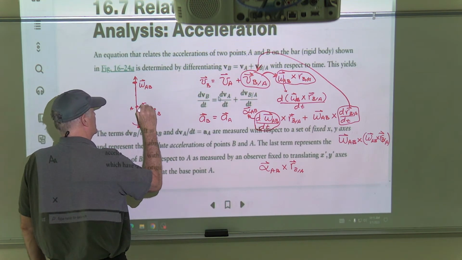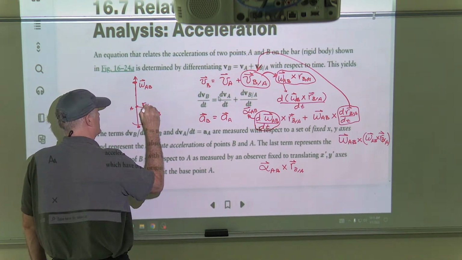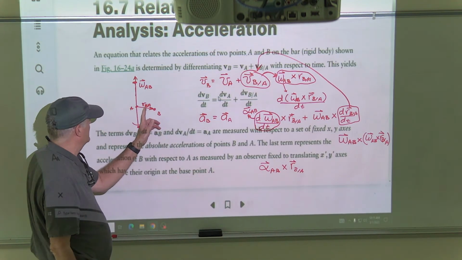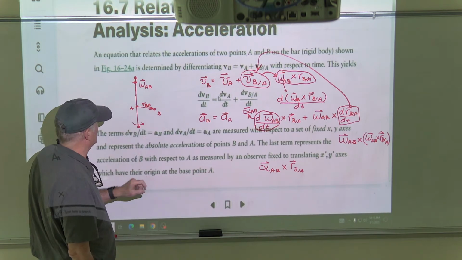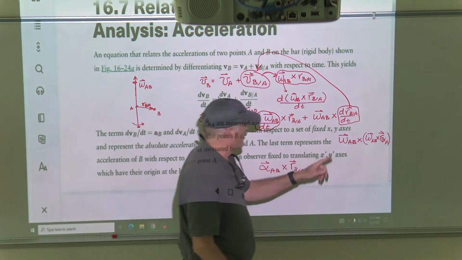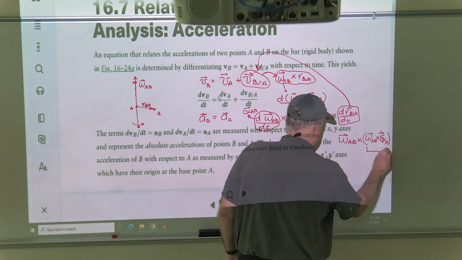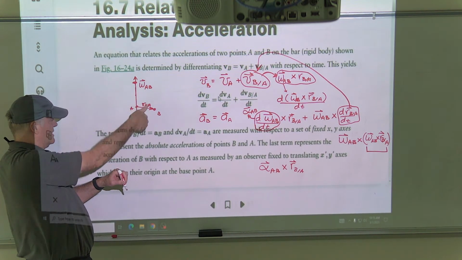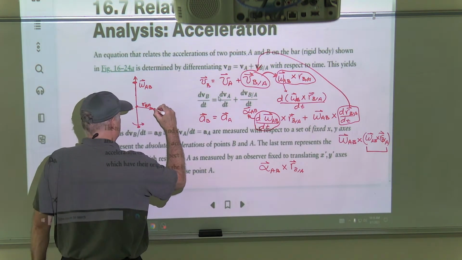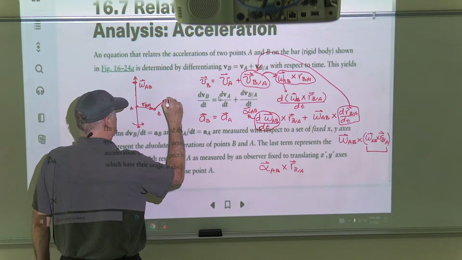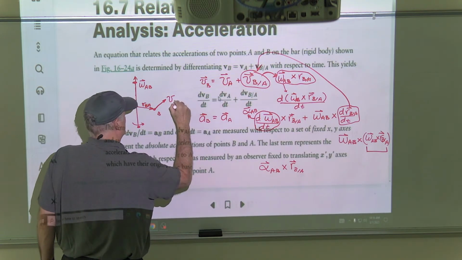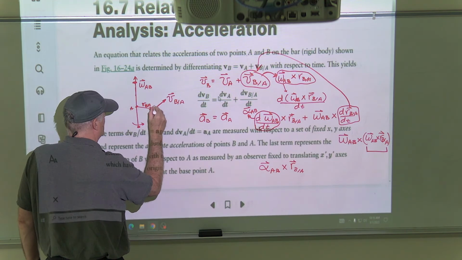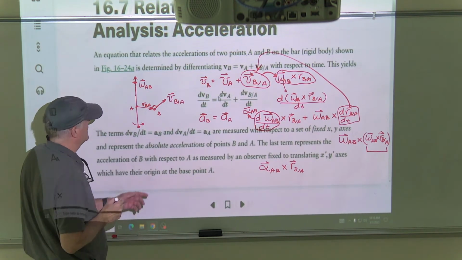So let's take this term. So here's your R. Depends on the way you want to look at it. So let's see, B to A. So you've got that, and you've got this. If you look at the cross product of this, you take your fingers and put them in this direction, and you rotate it around, and what you're getting is this is the velocity VA, and it's perpendicular to that.